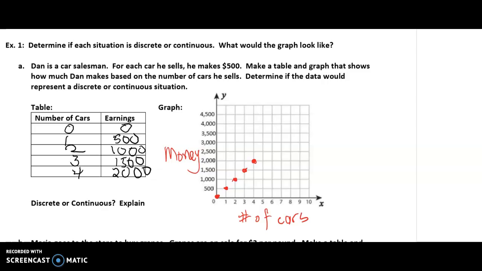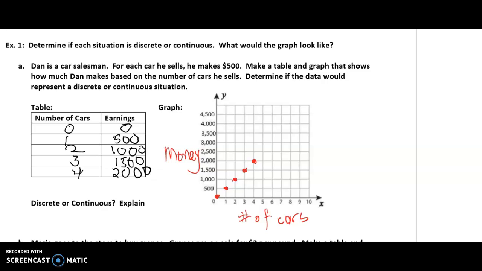So we've got a point at 0, 0, the origin. 1 car, $500. 2 cars, $1,000, and so on. We have our series of points. Now we need to decide if this is discrete or continuous, because that would dictate whether we leave the dots unconnected or we connect them.